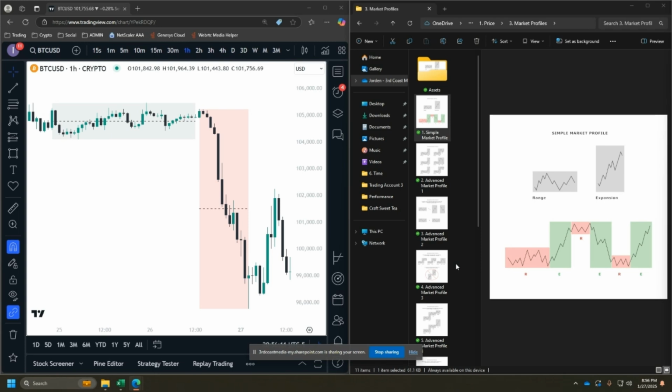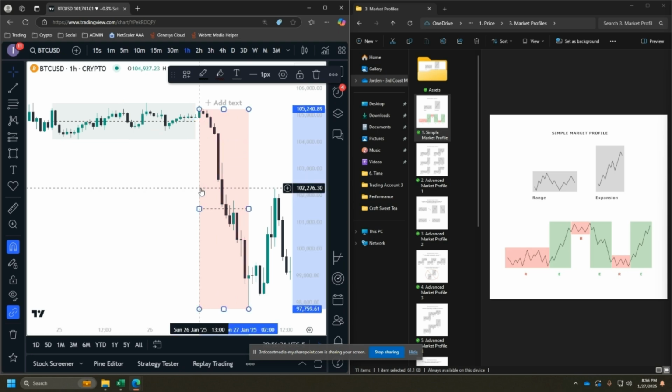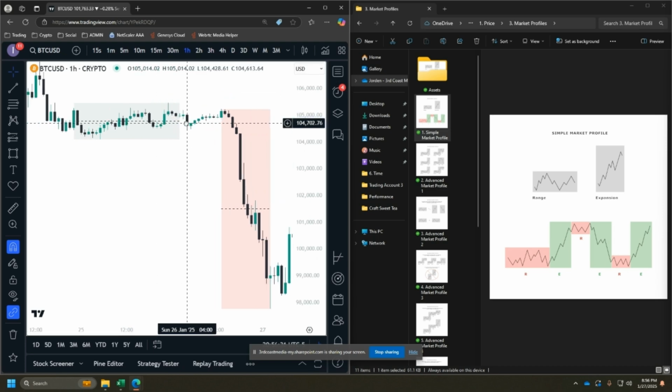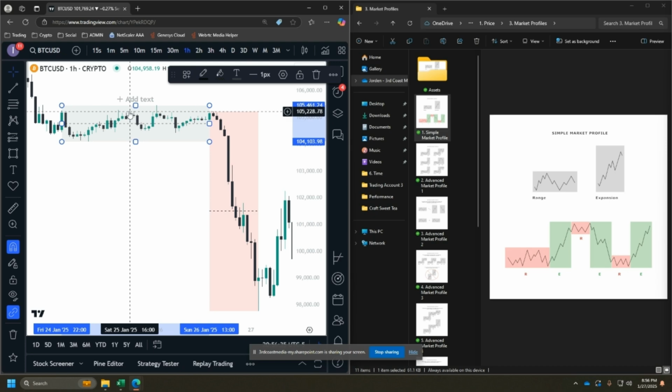All right, so I just want to take a few moments to discuss simple market profiles in general. We're looking at a range here on the left and an expansion as well, or an expansion lower to be more specific. When it comes to ranges, you can see price isn't always going to touch the top or touch the bottom of the range.